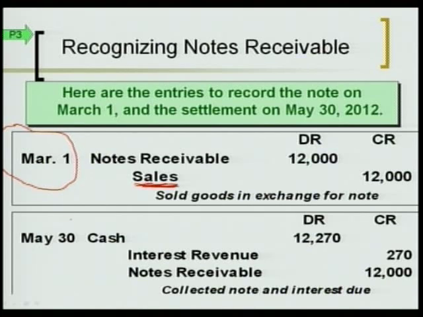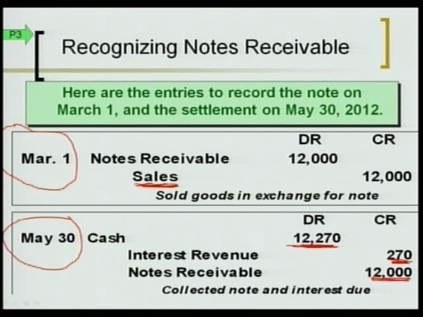When it's repaid on May the 30th, like I said, they had to give us a total of $12,270 for the principal plus the interest. Of that 12,270, we have to reduce notes receivable by 12,000, right? But the other 270 of that is interest revenue.